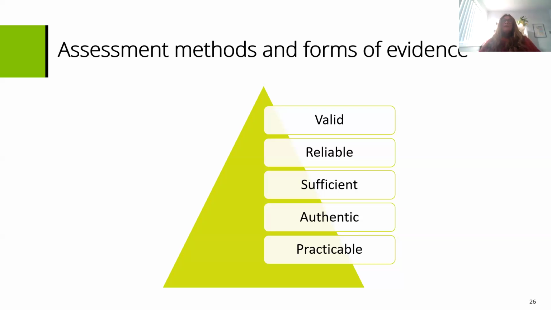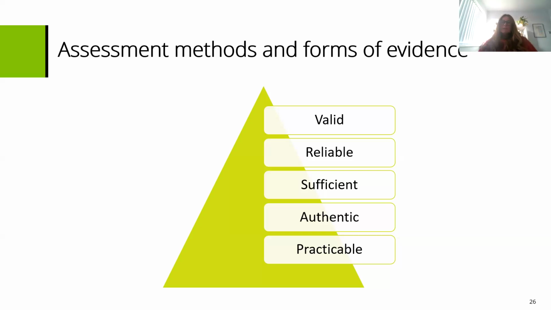I'll just give you a little caveat of thoughts in terms of evidence being valid and vocationally relevant. The evidence that you're asking students to produce must be valid and vocationally relevant. It must be sufficient so that you as an educator can confidently award a pass, merit or distinction.